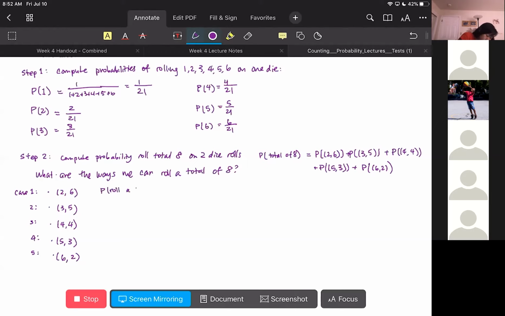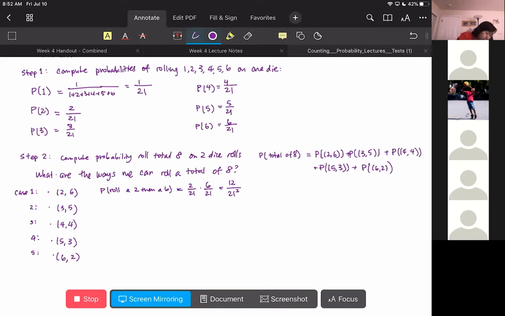Because the probability of rolling a 2 is 2 out of 21, and the probability of rolling a 6 is 6 out of 21. And when you multiply them together, it's 12 out of 21. Cool. So it's not 12 over 21, it's 12 over 21 squared. But yeah, we want to multiply them together.